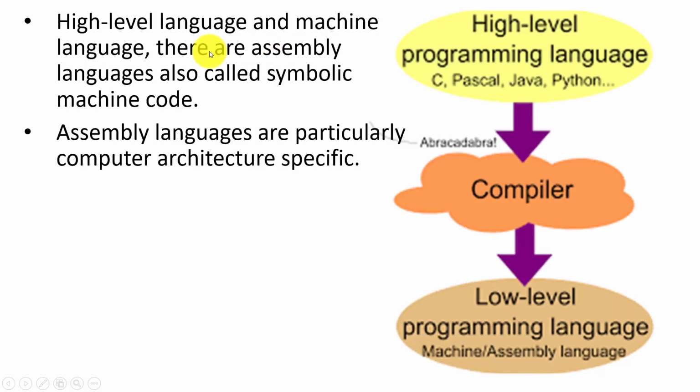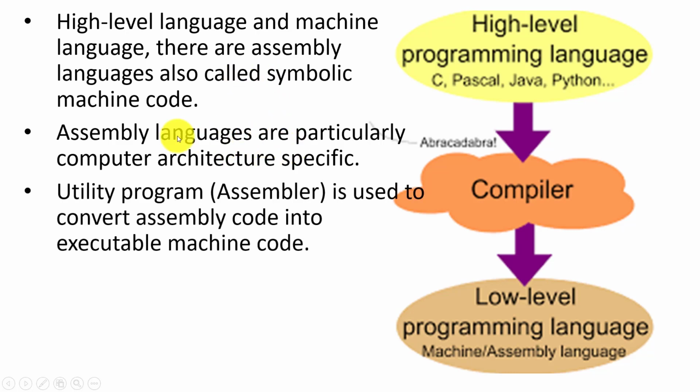Since humans cannot read the binary numbers 0 and 1, we require assembly language. Assembly language understands symbolic machine code. Assembly languages are computer architecture specific languages, referring to symbolic code.